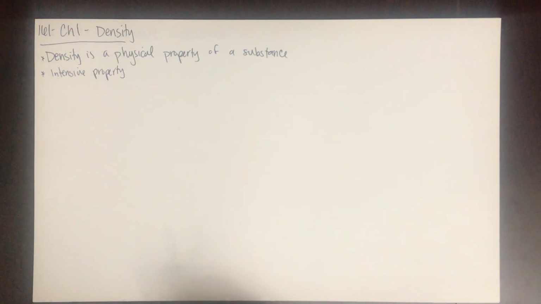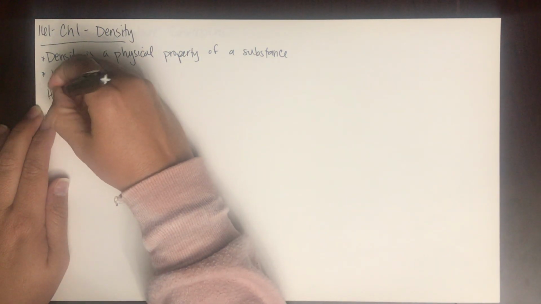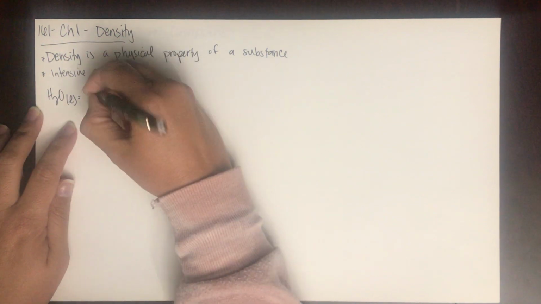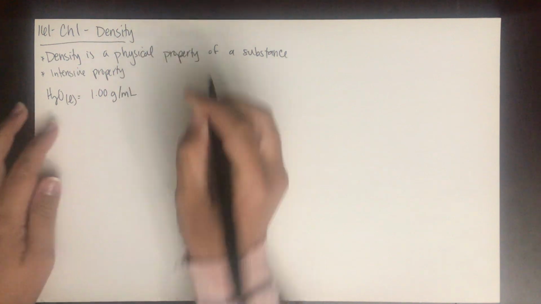Remember what an intensive property is. It means it's independent of the amount of substance that you have, and it is specific to each substance. So all substances have a different density. Water, for example, liquid water, has a density of 1.00 grams per milliliter.